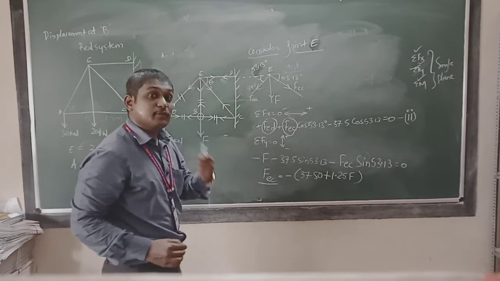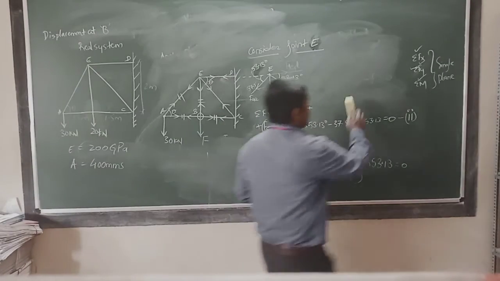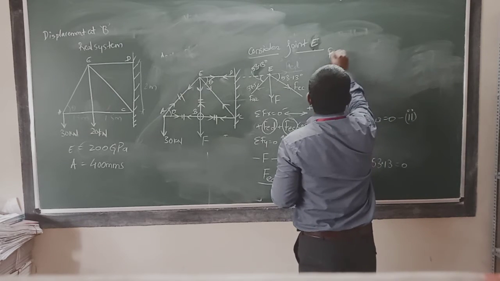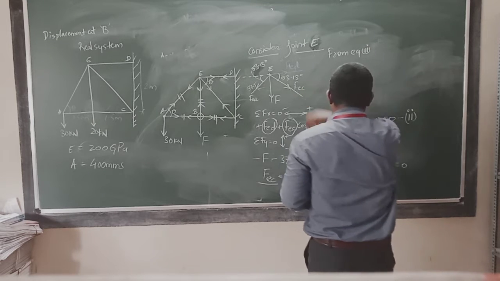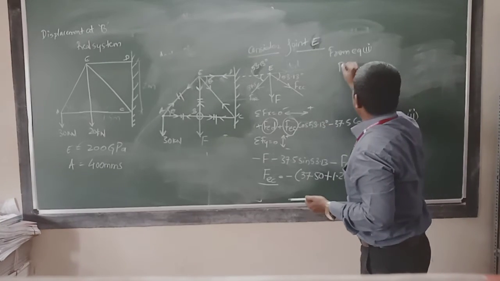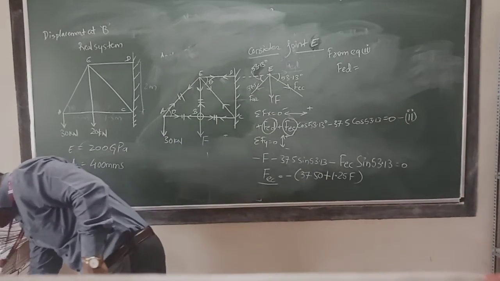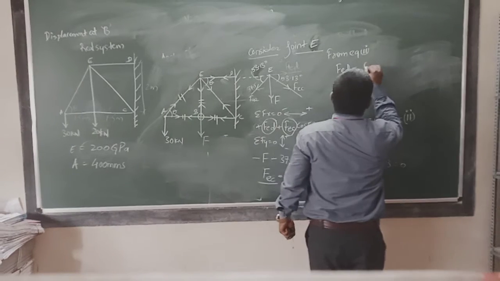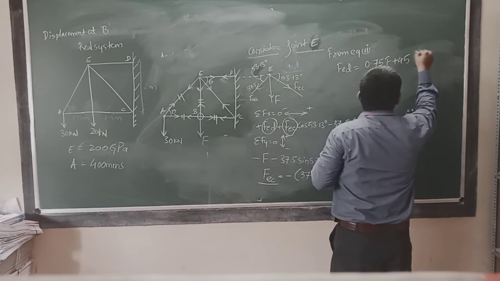FED also we will get in terms of f only. From equation 2 you will get FED is equal to 0.75 f plus 45.